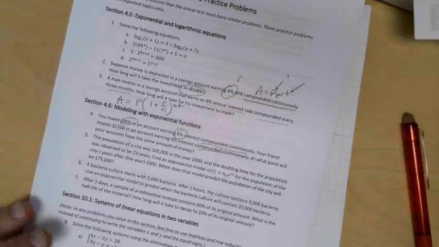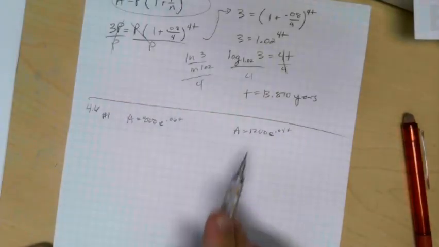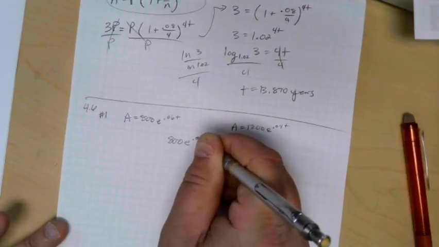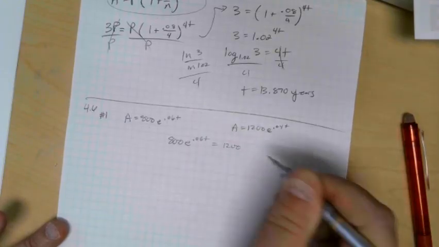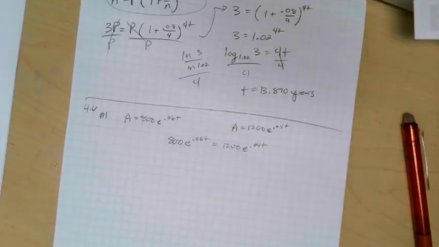And it wants to know at what point will your accounts have the same amount of money. Well, that just means when does that equal that? So when does 800 e to the 0.06t equal 1,200 e to the 0.04 times t? Okay, how am I going to do that?